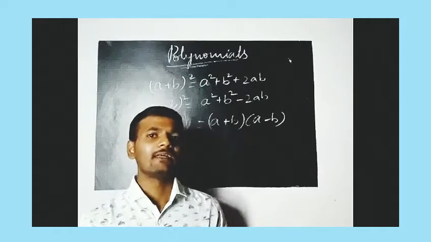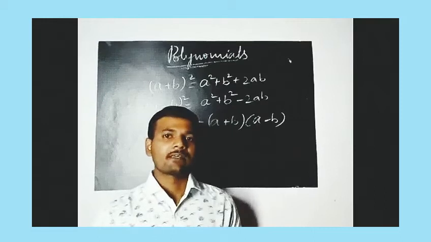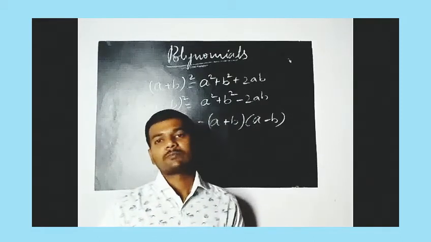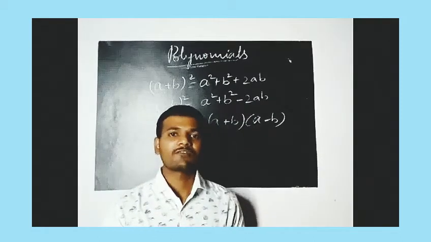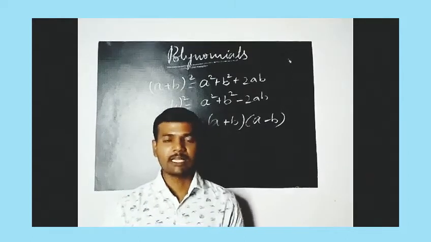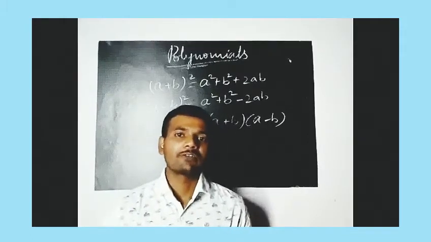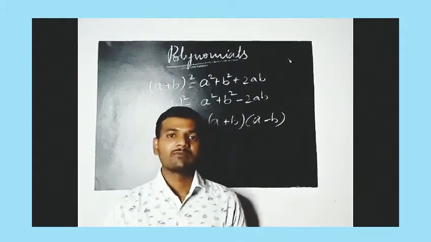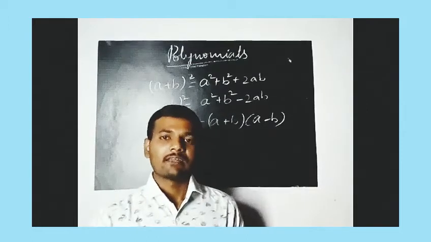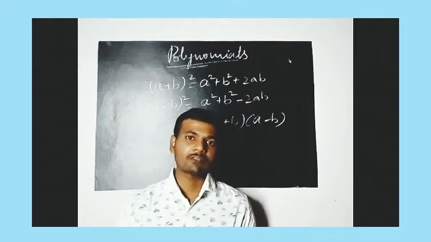Now we are going to study one particular type of algebraic expression, that is polynomials. In this chapter you are going to study the remainder theorem, the factor theorem, and their uses while factorizing algebraic expressions or polynomials.